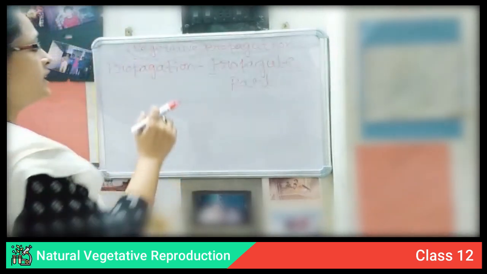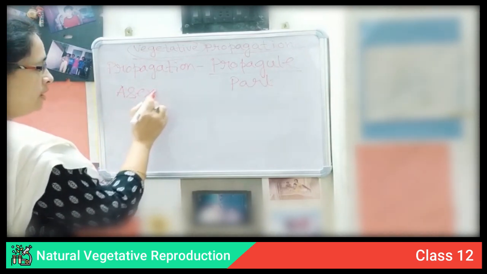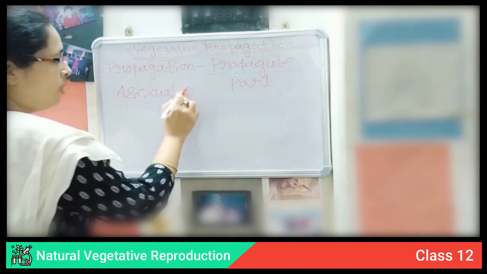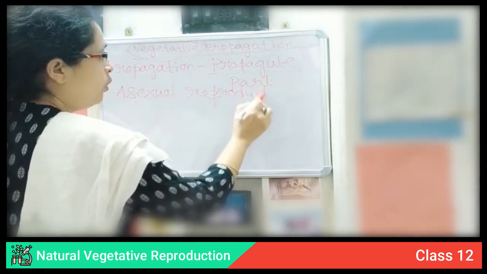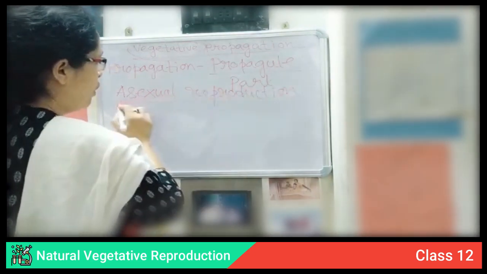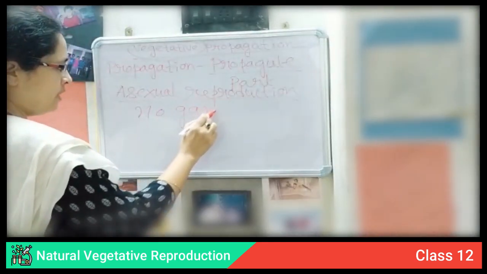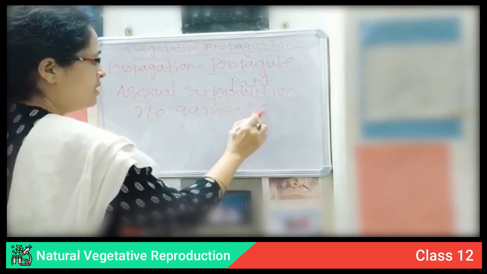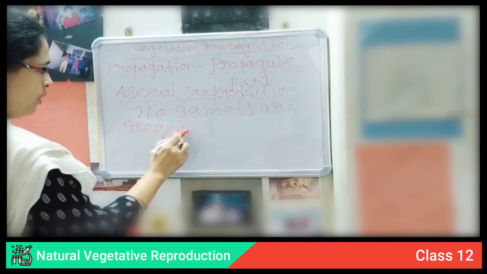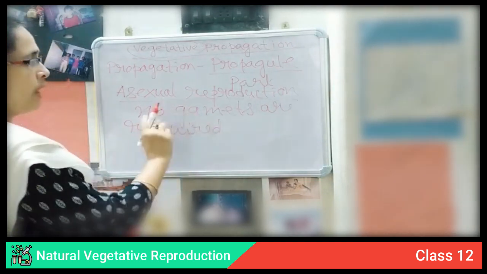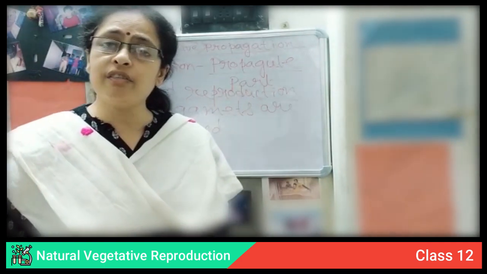Now vegetative propagation is also an asexual reproduction, because in this reproduction no gametes are required. Okay, no gametes are required in vegetative propagation. So what is required?